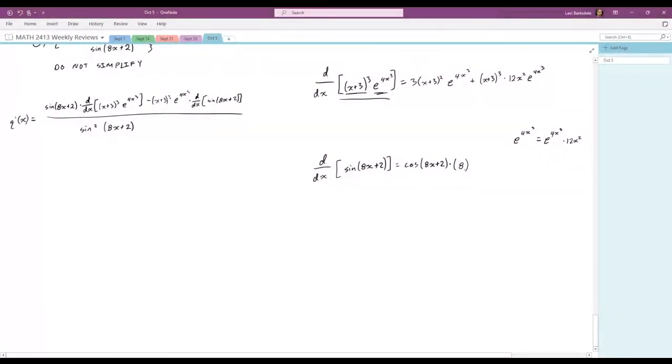And now I can just plug in these derivatives that I found into my first quotient rule.